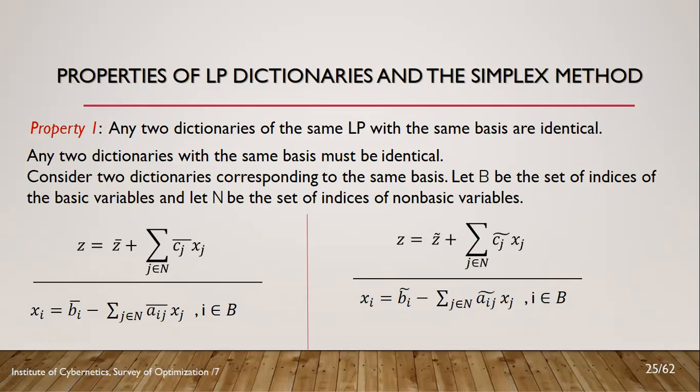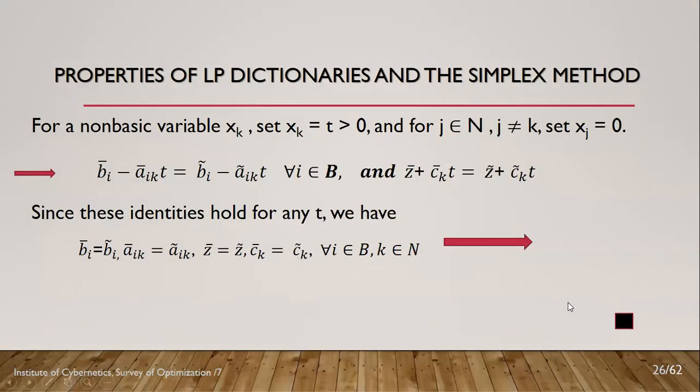Property one: any two dictionaries of the same LP with the same basis are identical. So any two dictionaries with the same basis must be identical. Here we introduce a very simple and short proof of it, which ends with this result.